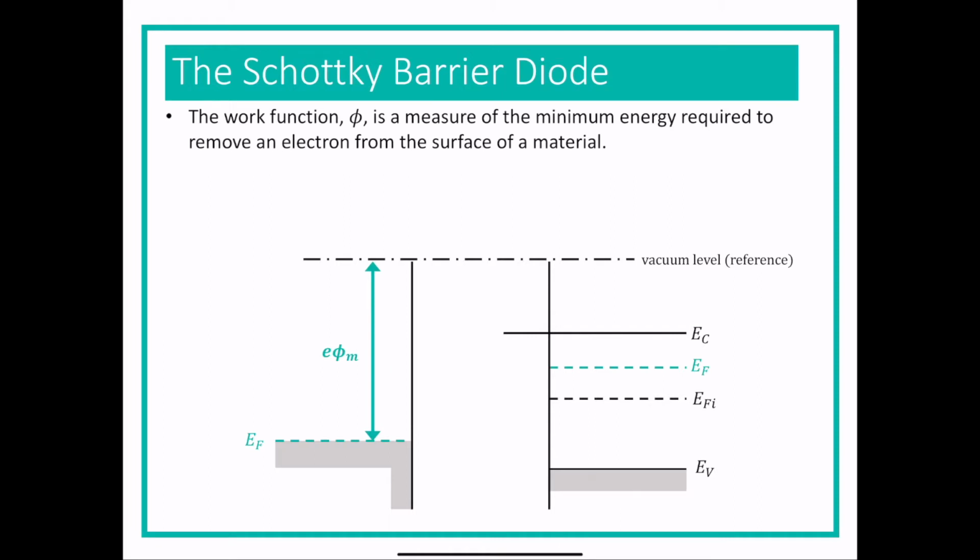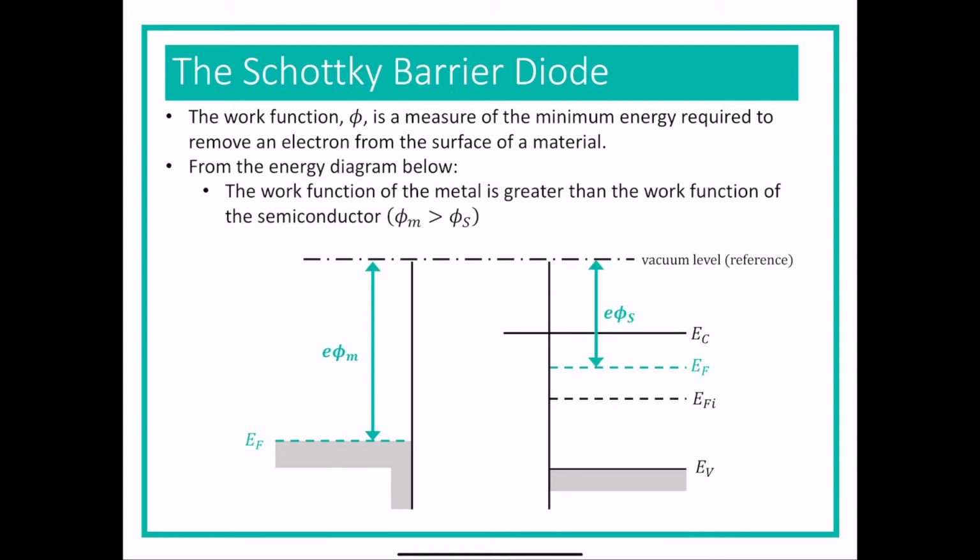We're interested in the work function of the metal, which is the distance from the Fermi energy and the vacuum level on the left side, and then the Fermi energy of the semiconductor to the vacuum level on the other side would be the work function of the semiconductor. So we have those two things, and as you'll notice, the work function of the metal is bigger than the work function of the semiconductor, and that's going to be important in creating a rectifying barrier.